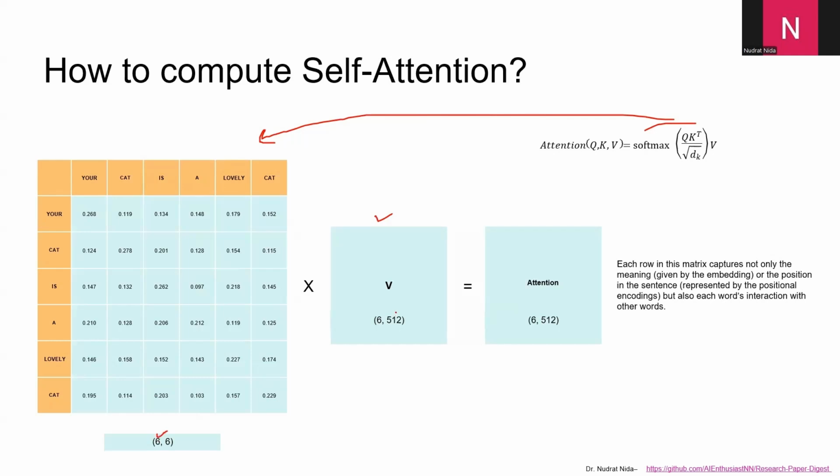So with 6 by 512, the resulting matrix after applying the matrix multiplication will be 6 by 512. Each row in this matrix captures not only the meaning and positions, but also the part that is more important, and that is known as self-attention. So there is basically the interaction of each word with all the words present in the sentence, and that is how we are giving attention to our model, and this is self-attention.